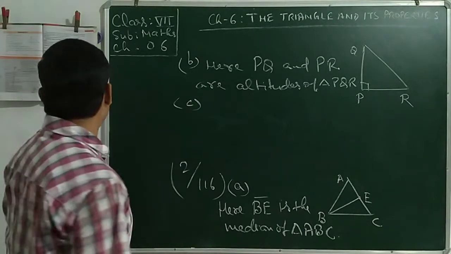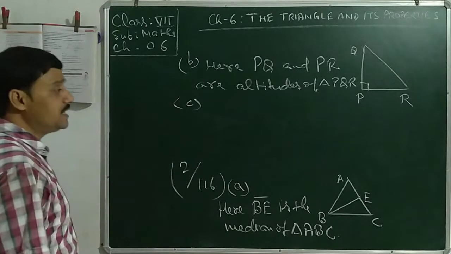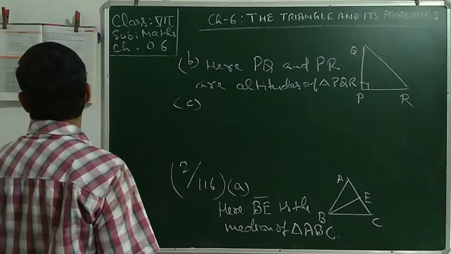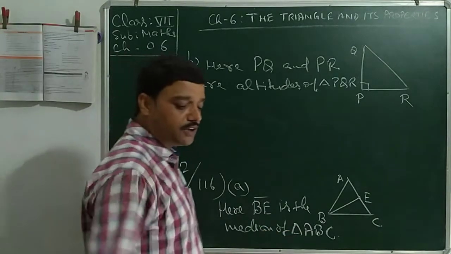In the third case, in triangle XYZ, YL is an altitude. See, in triangle XYZ, YL is an altitude in the exterior of the triangle.